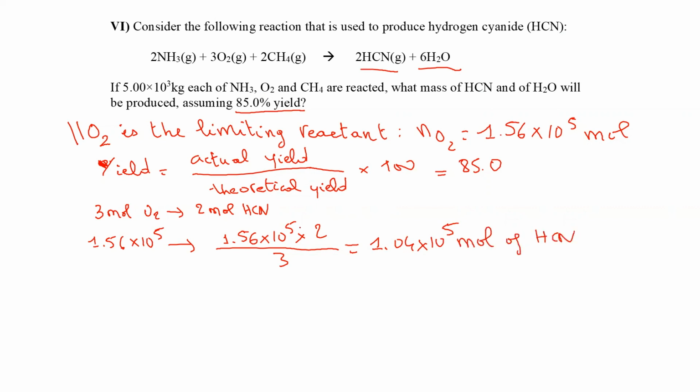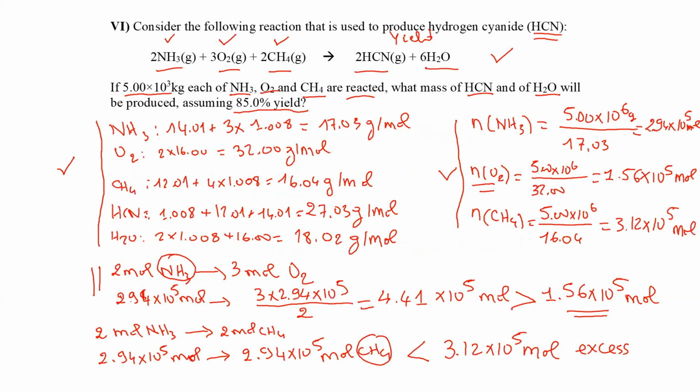So we can deduce the theoretical mass of hydrogen cyanide, which will be equal to 1.04 times 10 to the power 5, the number of moles, times the molar mass of hydrogen cyanide that we calculated previously, which is 27.03.